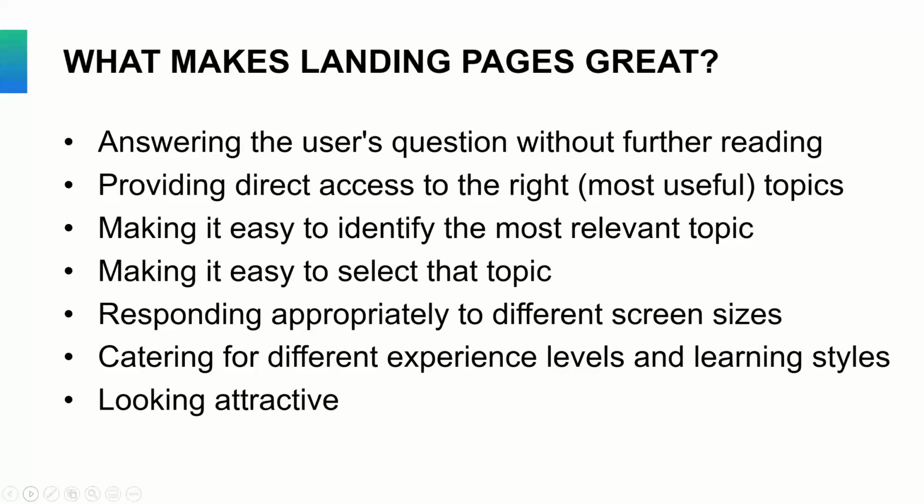Taking it further, we want to make it easy for people to read these landing pages and to identify which is the topic to click on. So we've got to make sure that the links we provide are not too cryptic, they're full, they describe clearly what information they lead to, and we've got to make it easy to select. So very often, and we're going to see in our examples, landing pages don't just have little links on them, they have nice big tiles that users can click on.